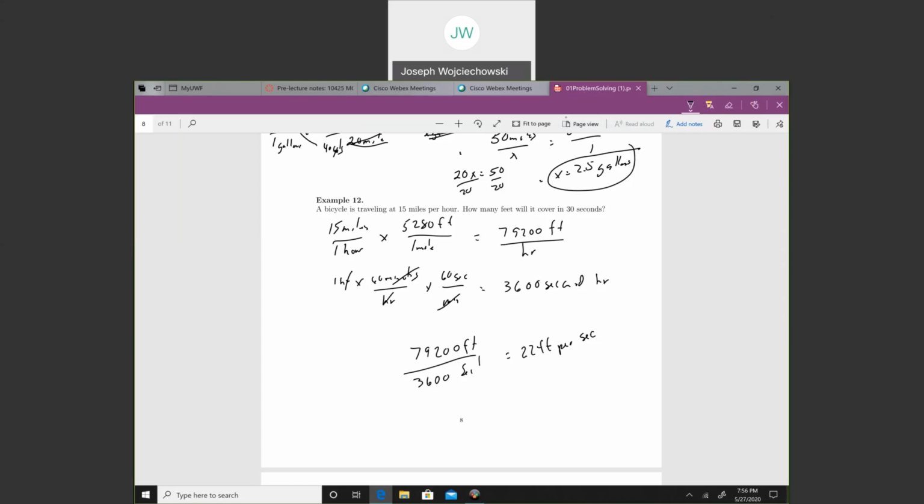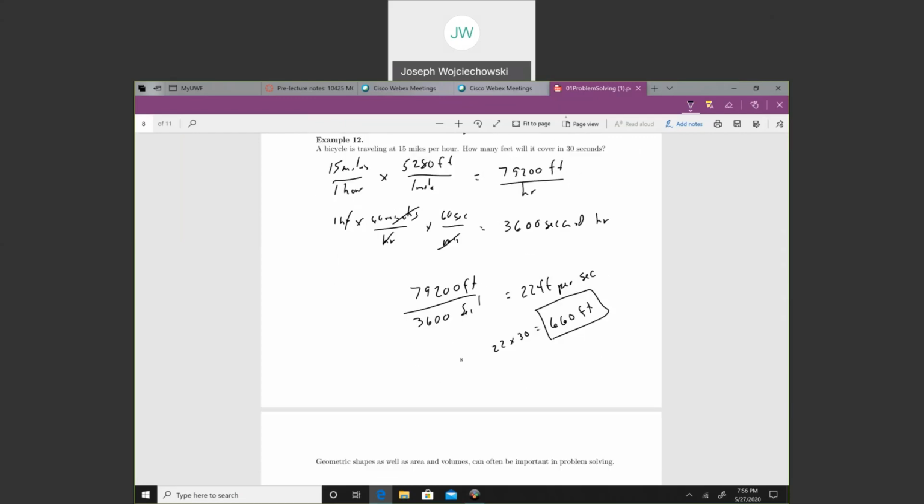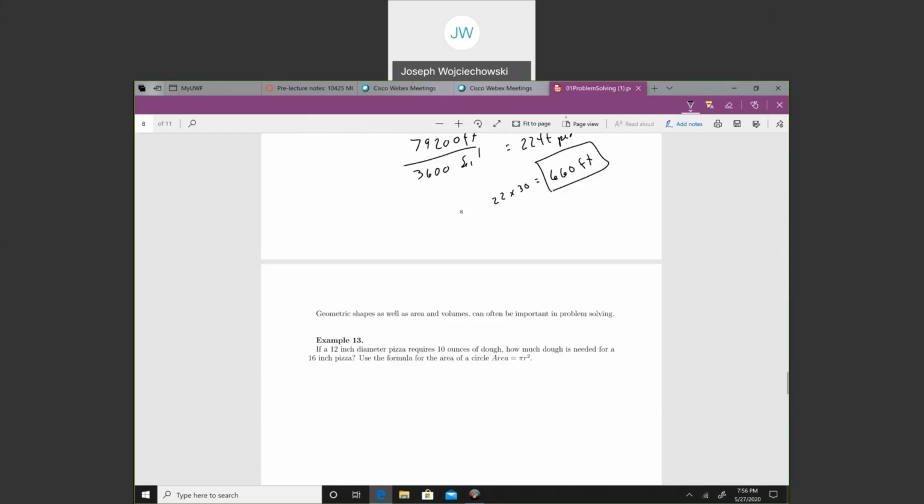But we want to know how far we travel in 30 seconds, so we simply multiply that by 30 and we get 660 feet. Now, there are other ways to do this. So if you know another way, do feel free to use it.